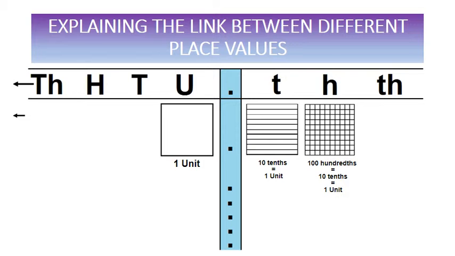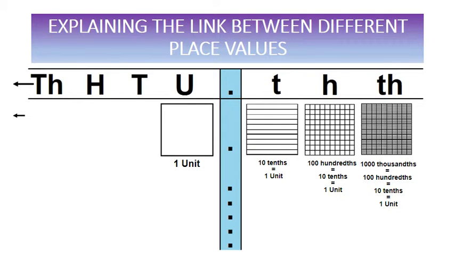Then if we put the same square into the thousandths column, each one of those tiny little squares is 1,000th, and there are 1,000 of them, so that 1,000 thousandths is the same as 100 hundredths, which is the same as 10 tenths, which is the same as 1 unit.